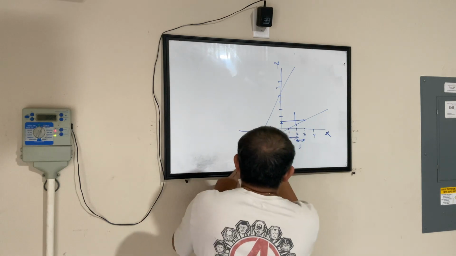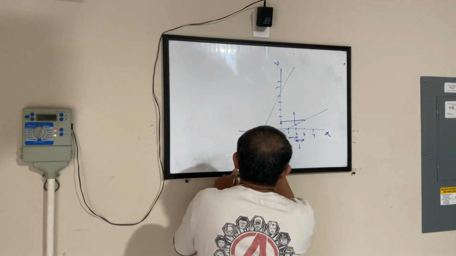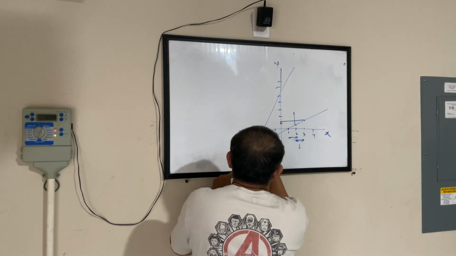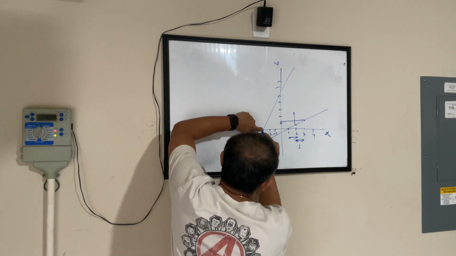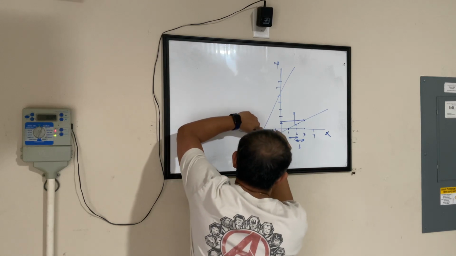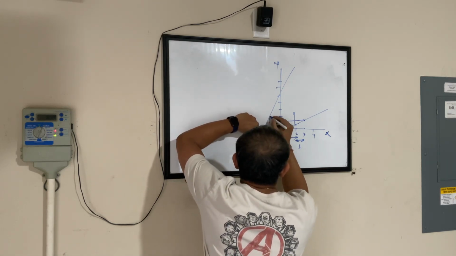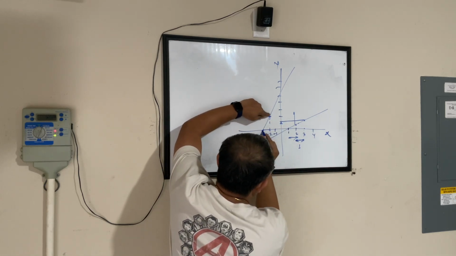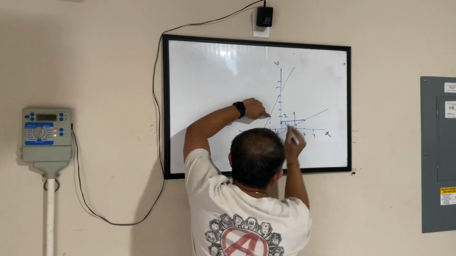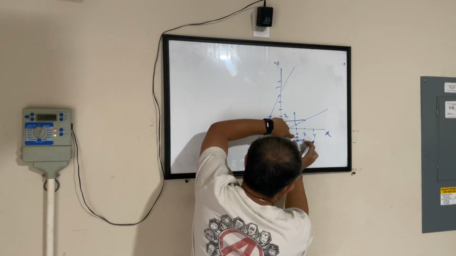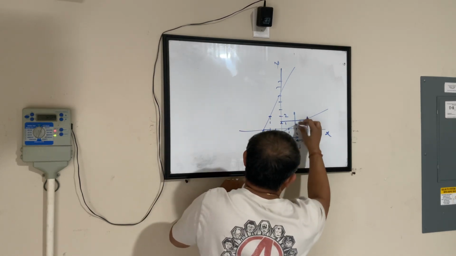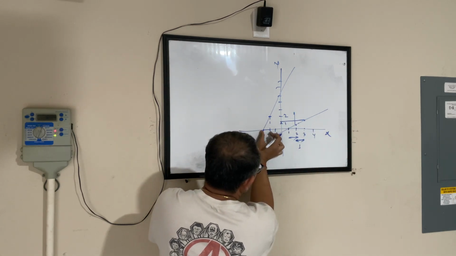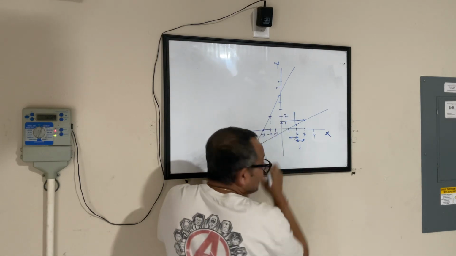In this case, look at this. 1, 2, 3. This is -1, -2, -3. When x changed by 1 unit, see what happened. The value of y, which was 0 before, changed by 2 units. So in this case, when the value of x changed by 1 unit, y changed only by 0.25. But in this case, when the value of x changed by 1 unit, the value of y changed by 2 units.